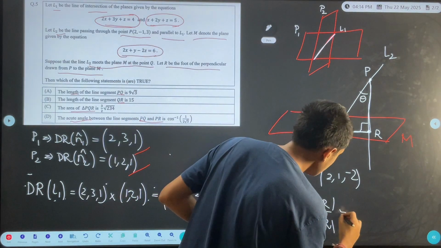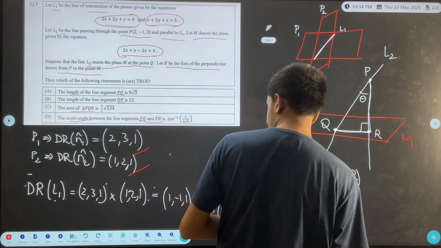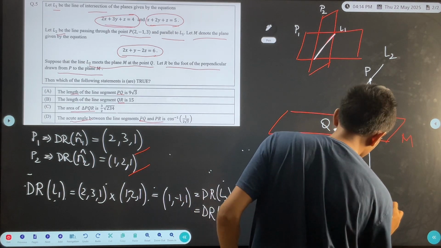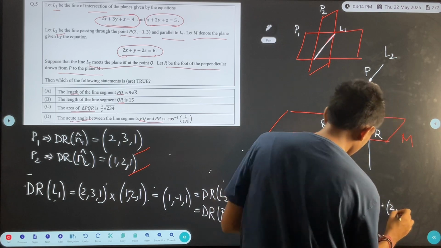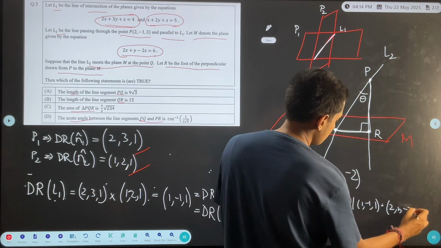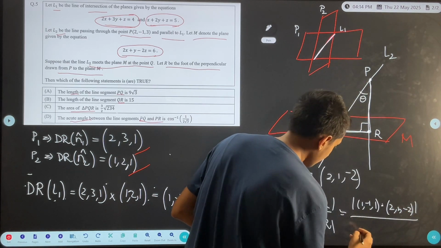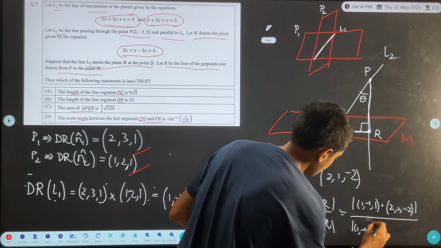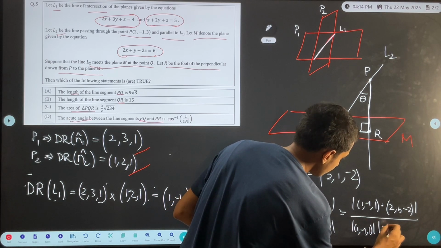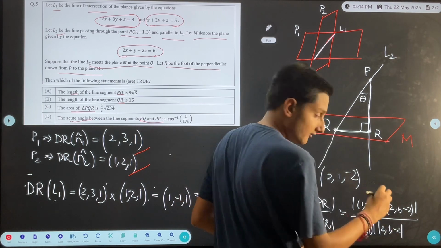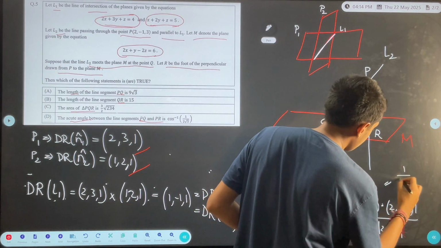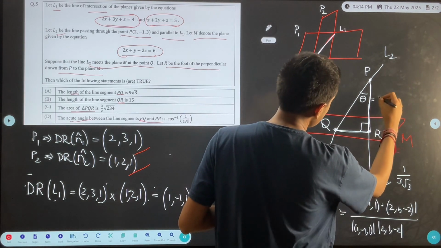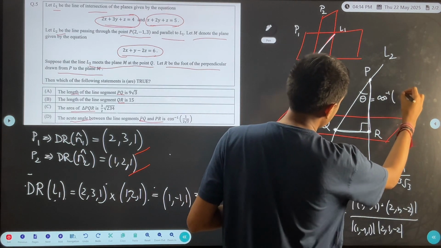So this will just be the absolute value of (1, minus 1, 1) dot (2, 1, minus 2) divided by mod of (1, minus 1, 1) and mod of (2, 1, minus 2). This comes out to be 1 by 3 root 3. Hence this angle theta is equal to cos inverse of 1 by 3 root 3.